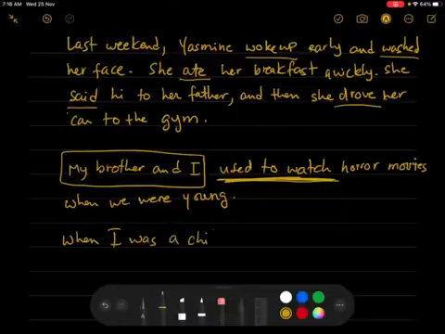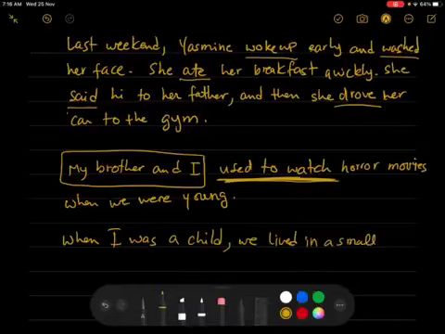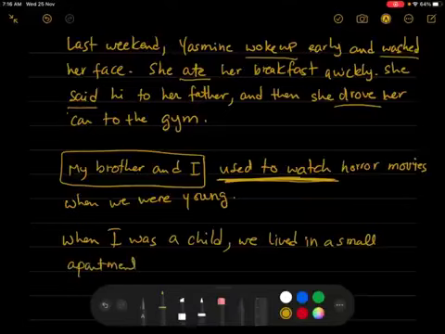Okay, another example. When I was a child, we lived in a small apartment.